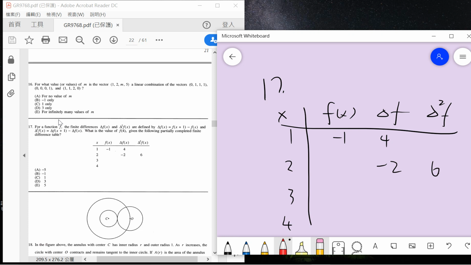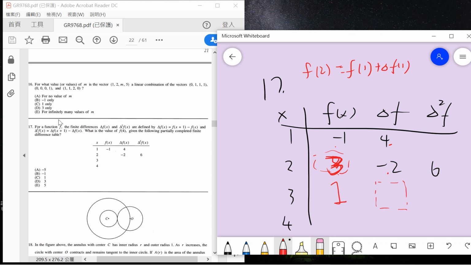So this is f2, right? f2 is f1 plus delta f1. So this is minus 1 plus 4, which is 3. Similarly, 3 plus minus 2 is 1. And how about this?